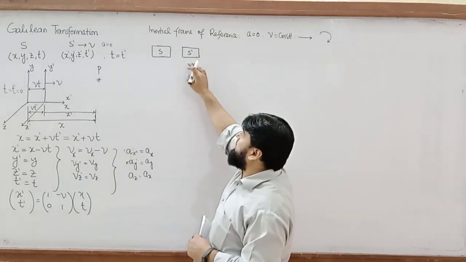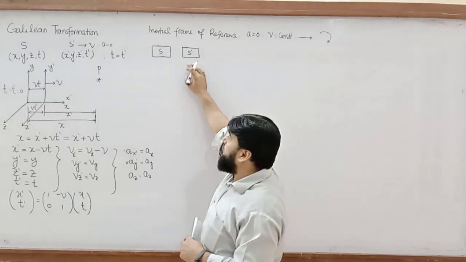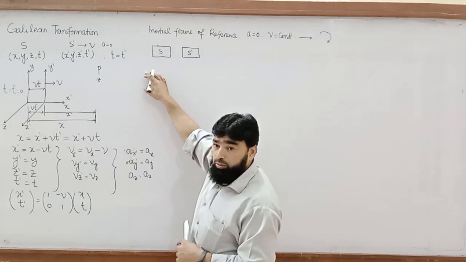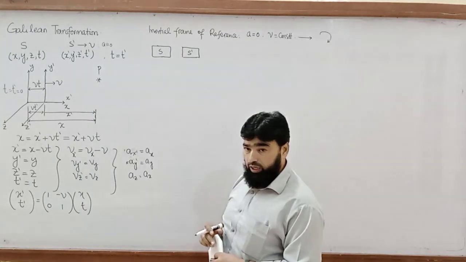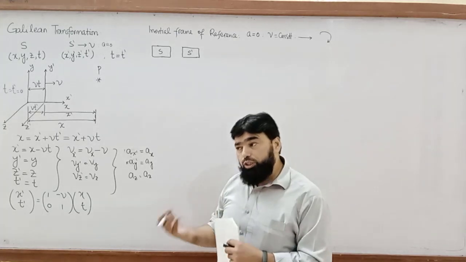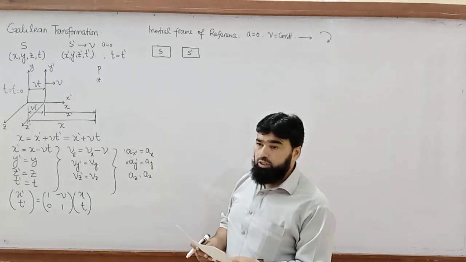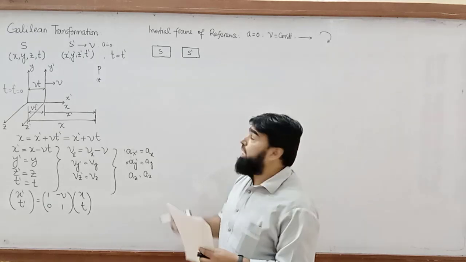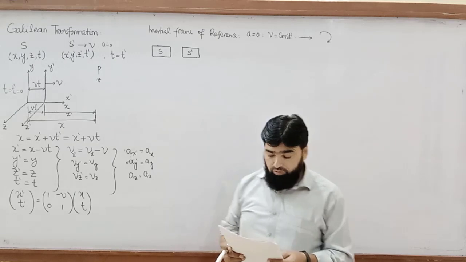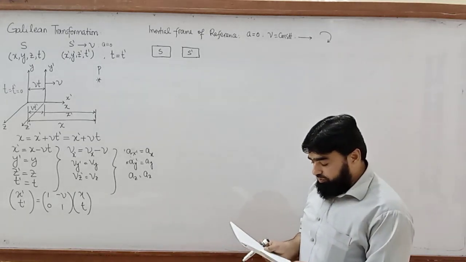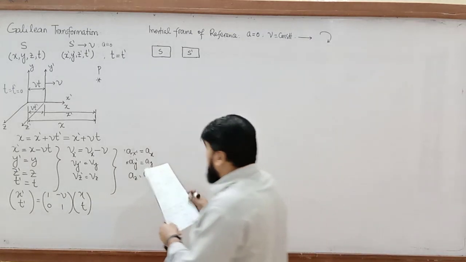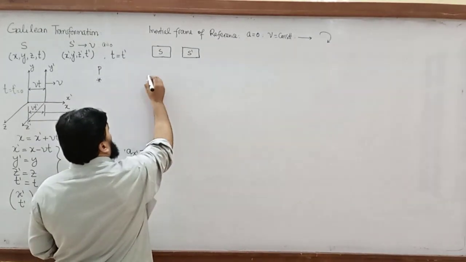S prime will consider itself stationary and it will say S is moving, while if the observer is in the S frame, it will say S prime is moving, even if both are moving. So the frame in which the observer is considered the stationary frame, as long as it is an inertial frame of reference.